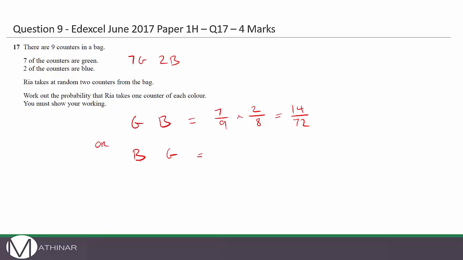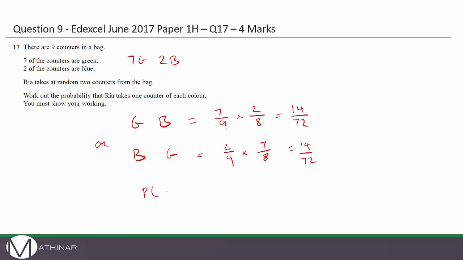The probability that the first one is blue and then the second one is green. So blue for the first one is 2 over 9. And green for the second one. Remember, now we only have 8 counters, but we still have 7 of them that are green. So that's 14 out of 72. And then it's this outcome or this outcome.